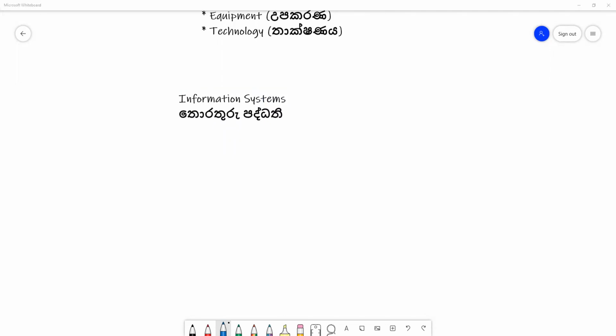Right? So we have what we call the manual system. Now we have to keep the data, information, but they are done manually using by humans. We call manual systems. Still, some of our school libraries, right, are using manual systems.